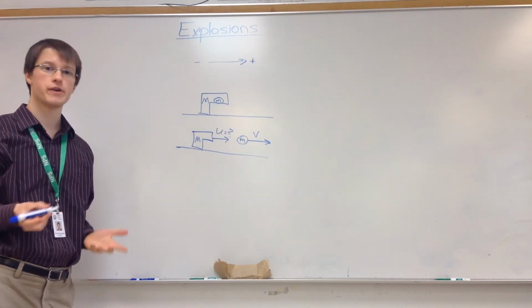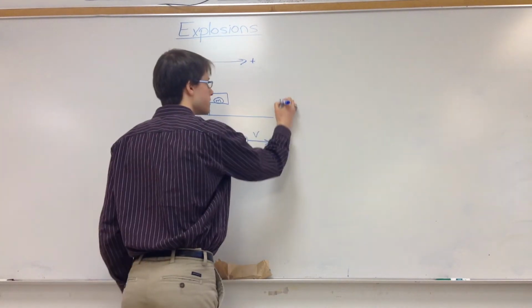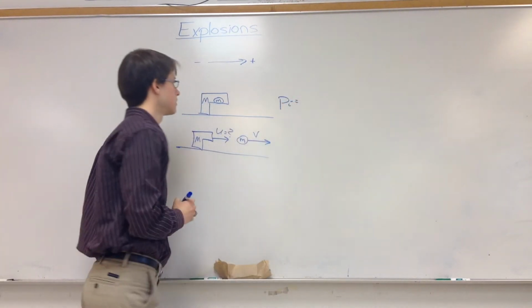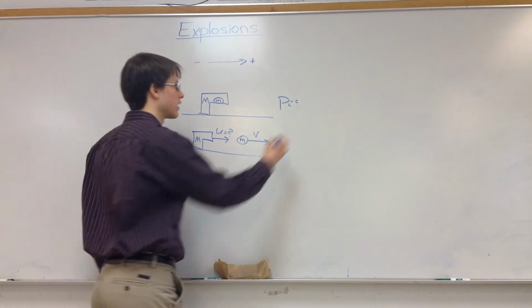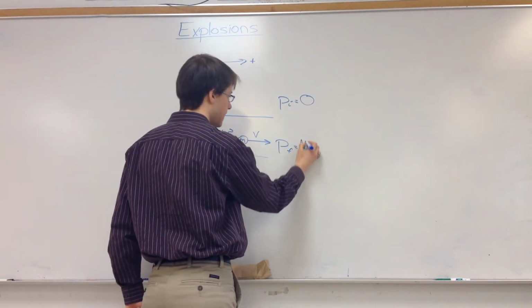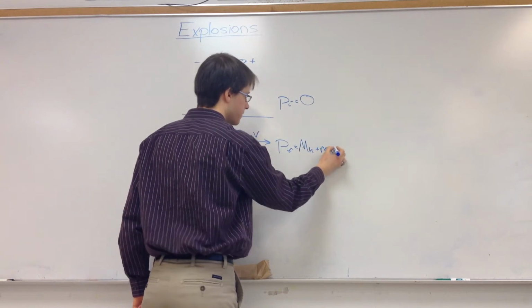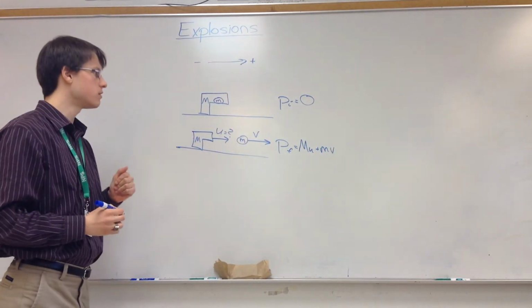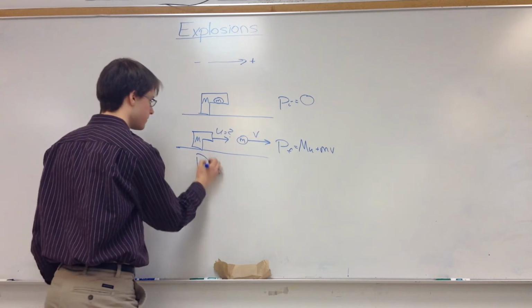So this is just a conservation of momentum problem. My initial momentum over here is 0. The cannon's not moving at all. My final momentum here is going to be big M u plus little m v. And I want to find u. So I set these two things equal.